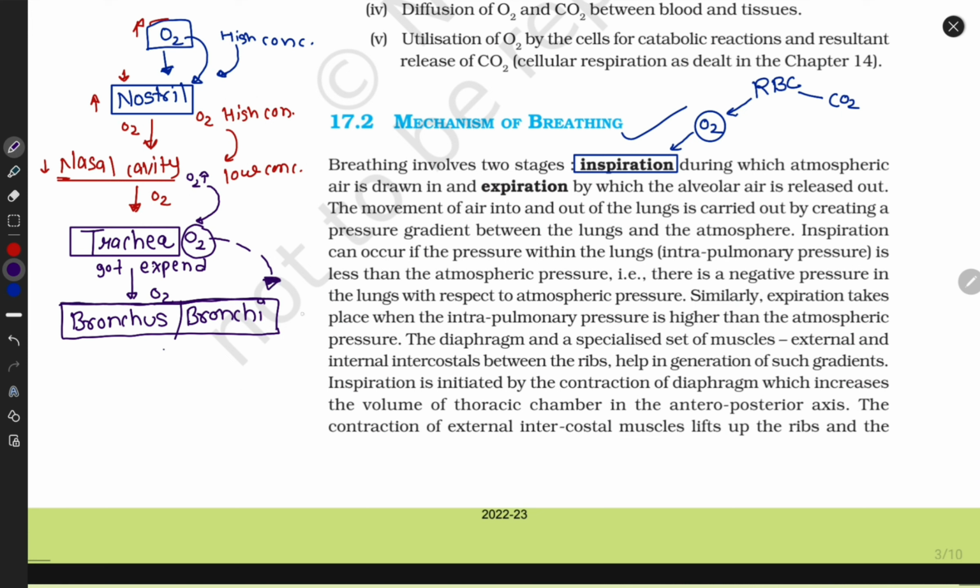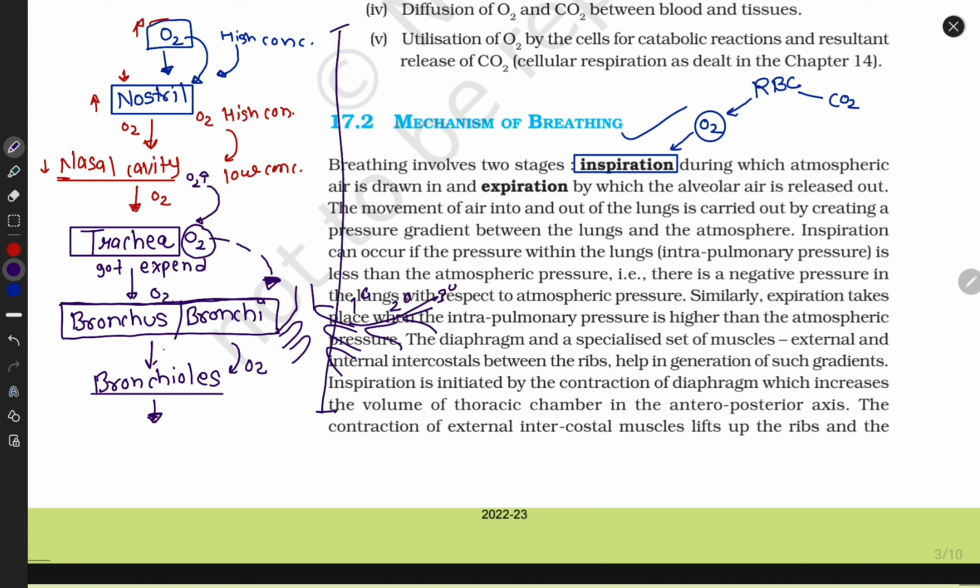This is the trachea, and it divides into primary, secondary and tertiary bronchi. The bronchi divide further into bronchioles. The bronchioles expand after taking oxygen and pass their oxygen on. This whole region, from the nostrils on, is the conducting zone.